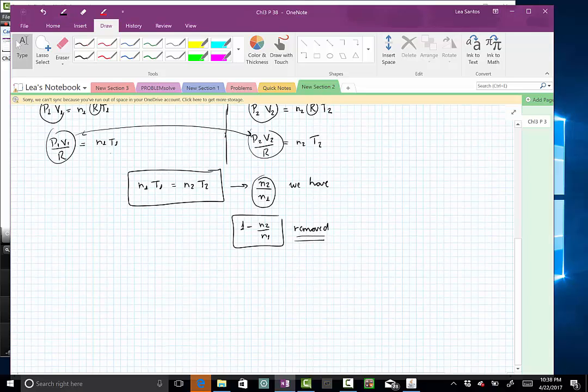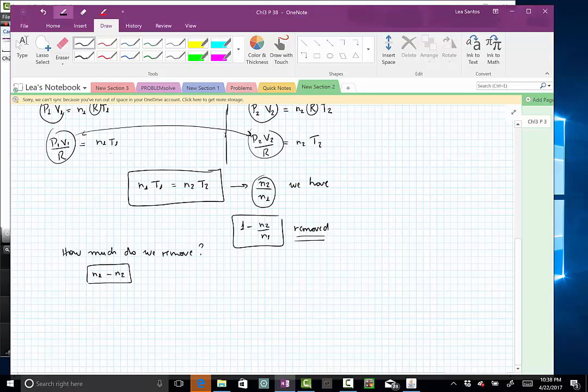If you don't understand what is being done here, let's try to write this in another way. How much air do we have to remove? The original amount is N1, the final one is N2, so N1 minus N2 is how much was removed.